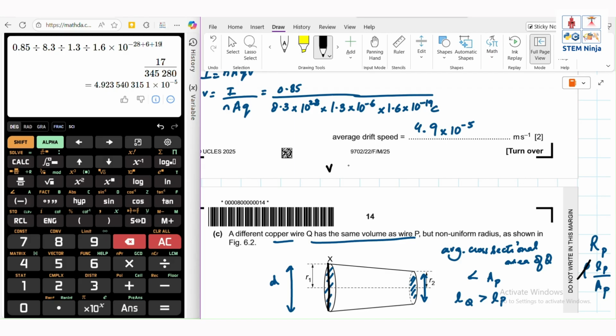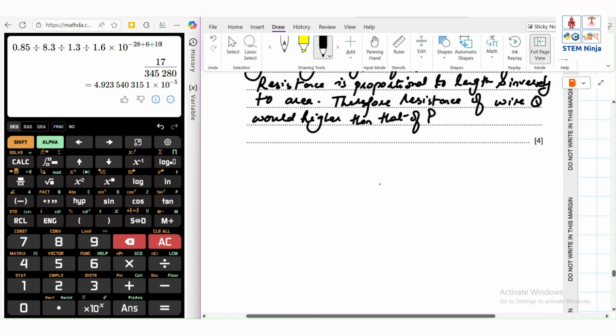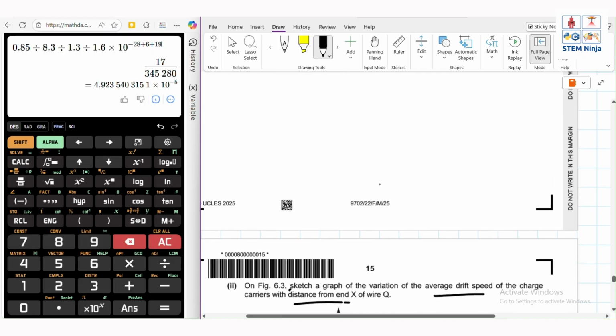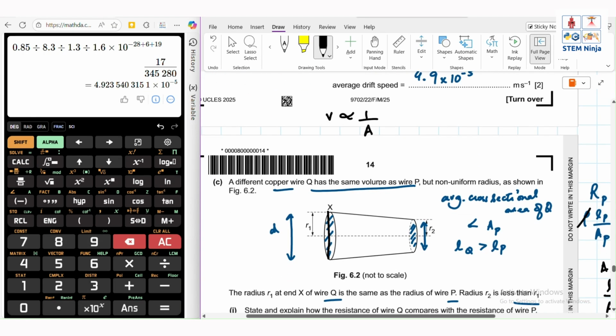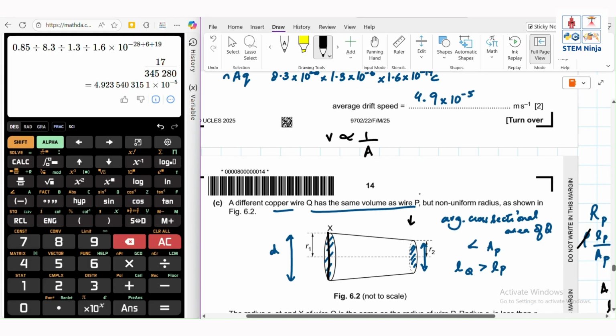So V is inversely proportional to A. So this means that as it comes across over here, the drift speed would increase because this is decreasing, this would increase.